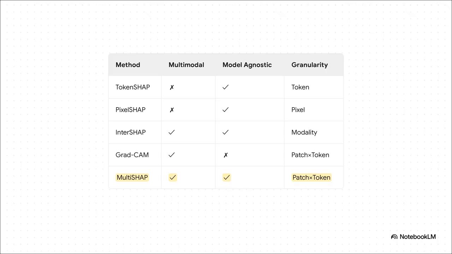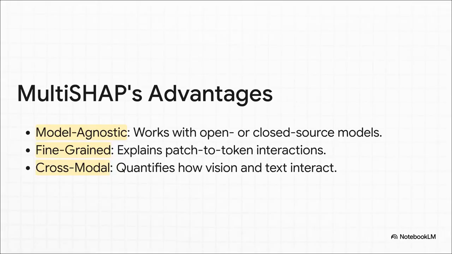And a lot of them required you to have the AI source code, which isn't always possible. MultiSHAP is different. It was built from the ground up specifically for this multimodal world. It can work with pretty much any model out there, and the level of detail it gives us is just on another level.